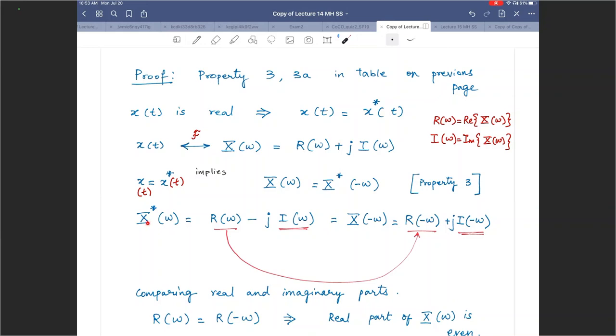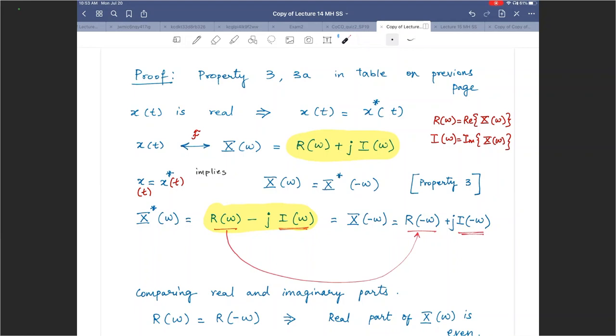Now using that, let us write the next statement. What is going to be X complex conjugate of omega? Well, we just need to find the complex conjugate of X. So X is right here, and the complex conjugate of that is going to be that. Next, this property says X of omega is the same as X complex conjugate of minus omega.